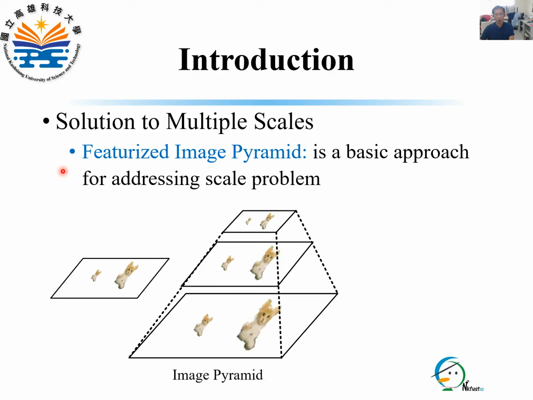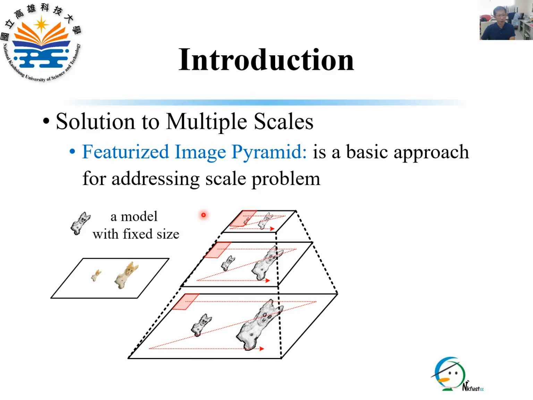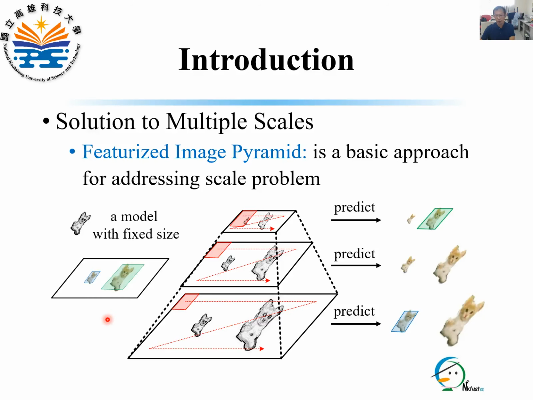The basic approach for addressing scale problem is featurized image pyramid. For an input image, we first construct its image pyramid and then compute the features of the images at all pyramidal levels. After that, a model with a fixed size is used to scan all featurized images and finally detect the objects with different scales.